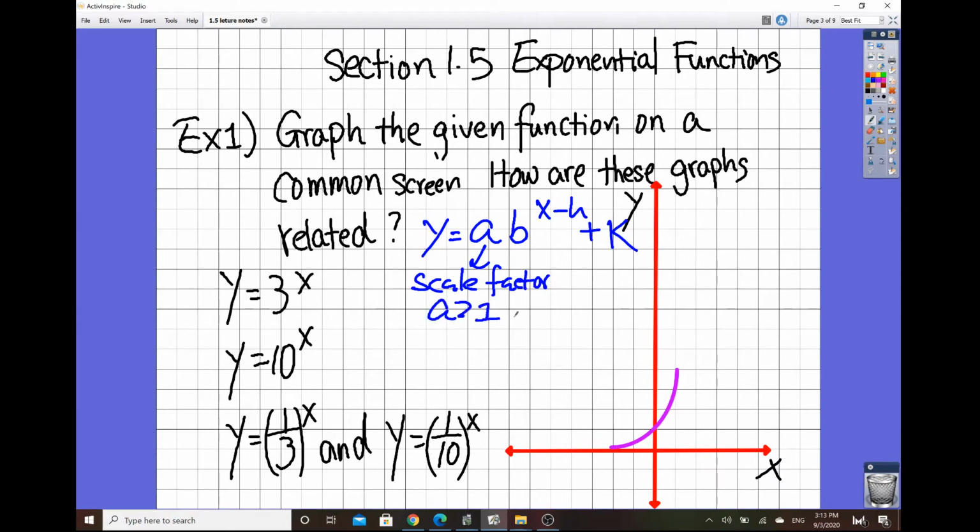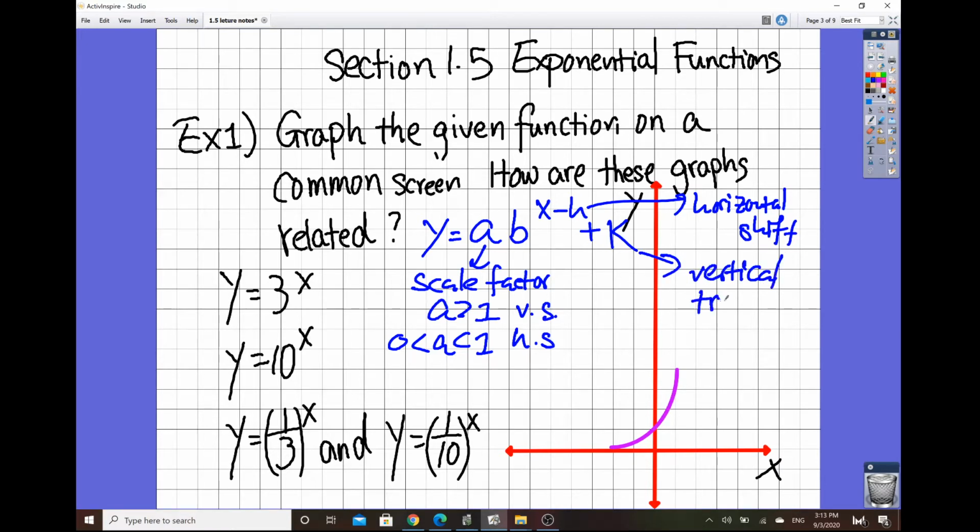If a is greater than 1, obviously that would be a vertical stretch. If a is less than 1 but greater than 0, that would be considered a horizontal stretch. The value of h shows you the horizontal shift, and k is the vertical translation.